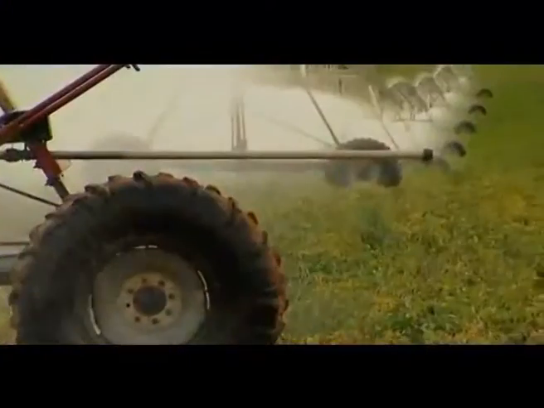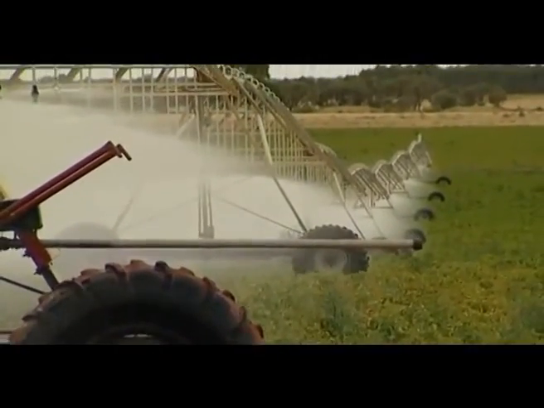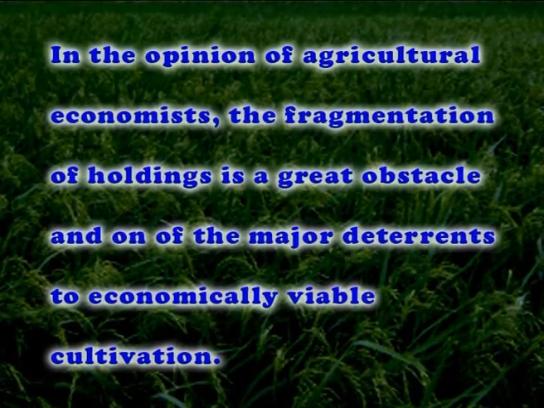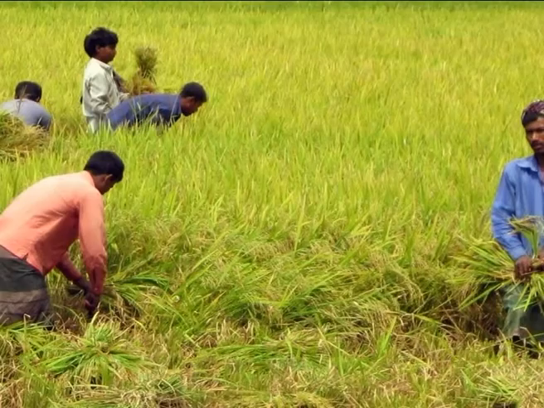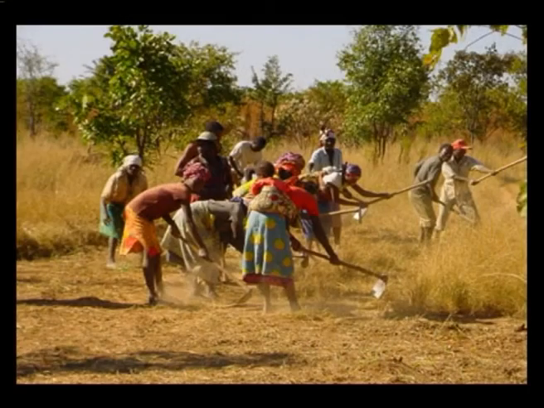It is a wasteful and uneconomic method of land utilization in which improved agricultural practices cannot be adopted. In the opinion of agricultural economists, the fragmentation of holdings is a great obstacle and one of the major deterrents to economically viable cultivation. It results in wastage of land, labor and material inputs. The division of holdings may be socially justifiable, but economically they are not viable.